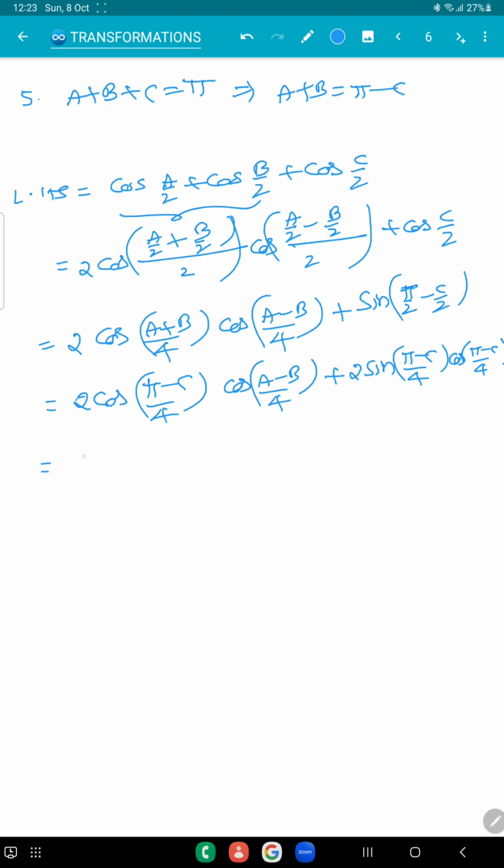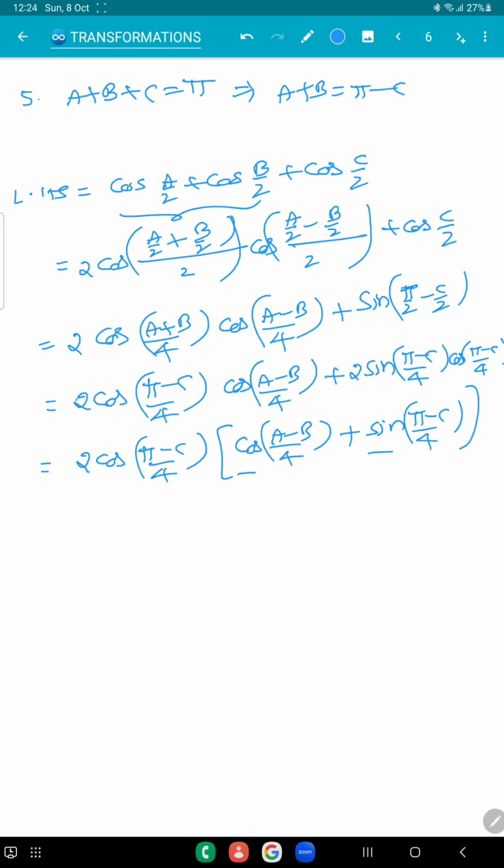Can you bring anything common in this one? 2 cos((π−c)/4). Observe the right hand side, we have the cos((π−c)/4) term there, so that is common. What will we have? Cos((a−b)/4) plus sin((π−c)/4).